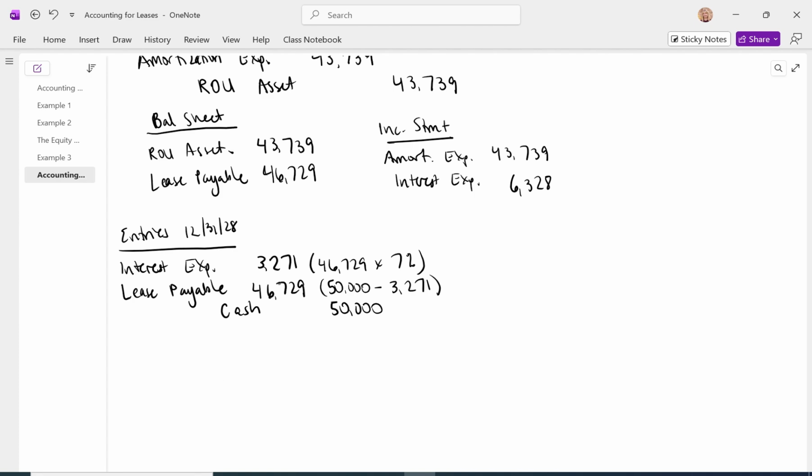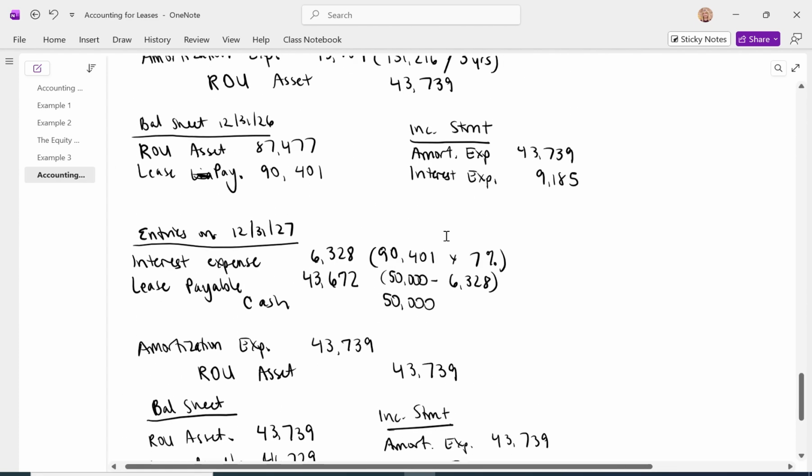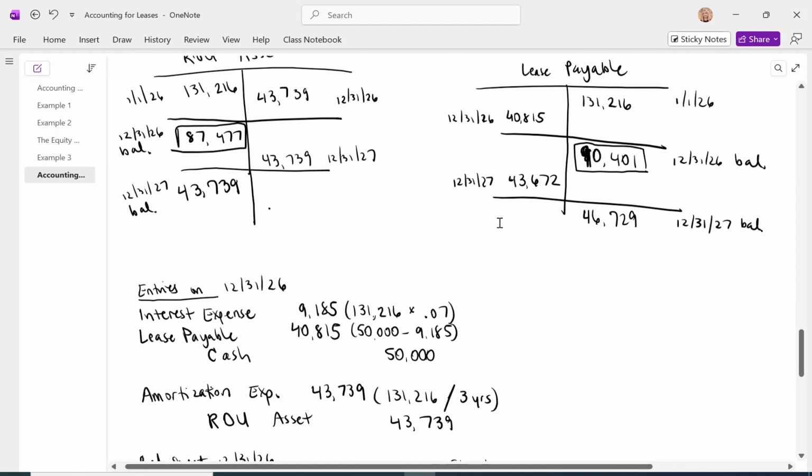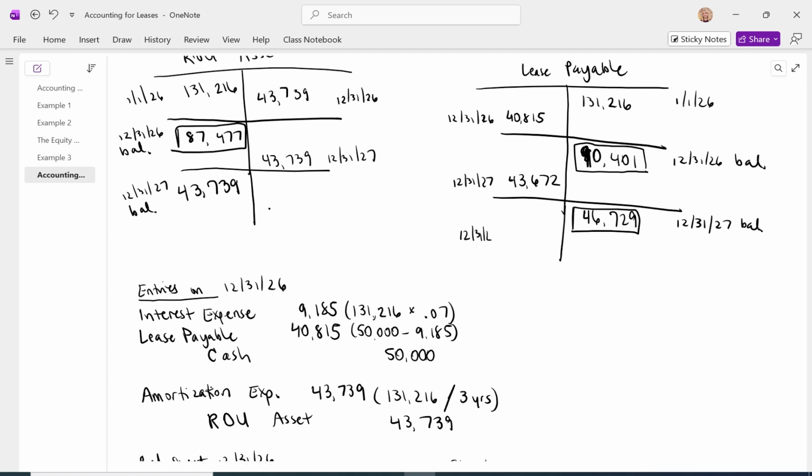When I post this reduction in the lease liability, it's my ending balance last year. Now I'm going to post a debit of 46,729, and on 12/31/28, my ending balance is going to be 0. That's exactly what I want.